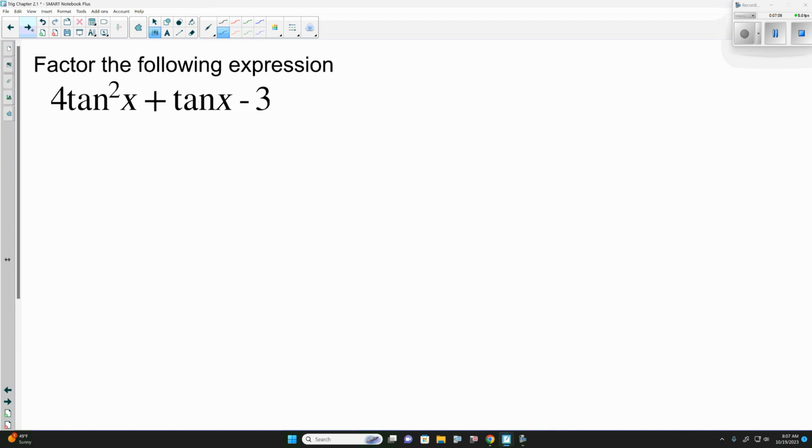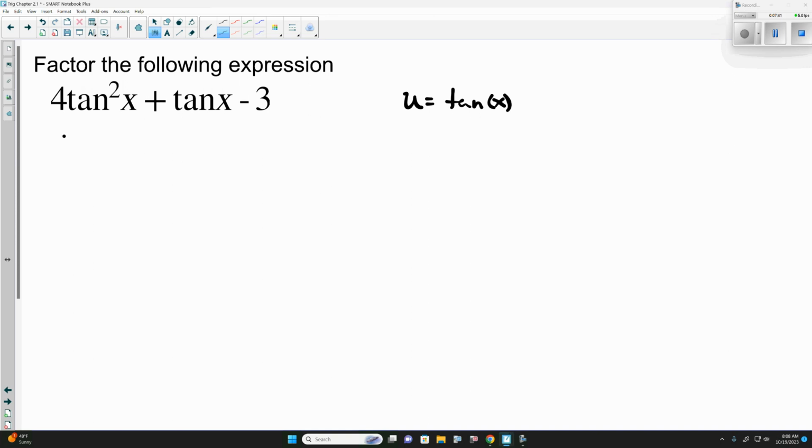All right. Now, again, just like the previous one, we could start here and work our way through it, but I think it might be easier to think of this not as tangent of x but as u. Because a single variable is probably easier for us to get our head around, instead of thinking of it as 4 tangent of x squared plus tangent of x minus 3.